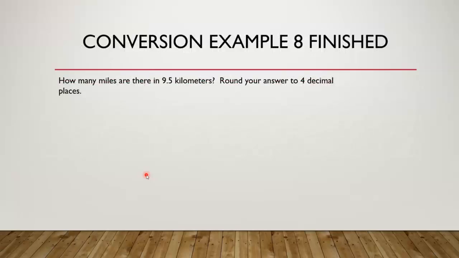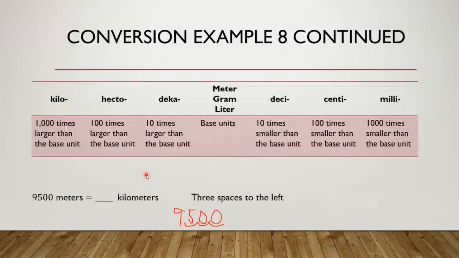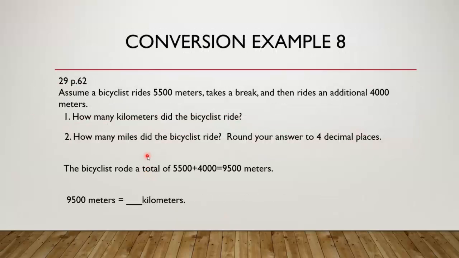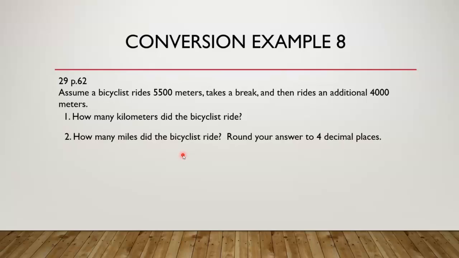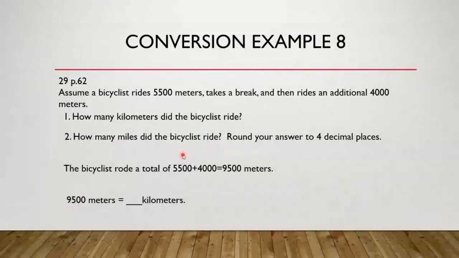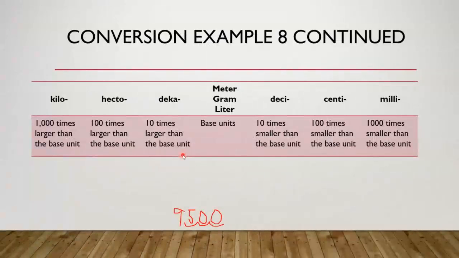Okay. So now we want to know, remember, if you go to the rest of it, how many miles did the bicyclist ride? Okay, well, we know he rode 9.5 kilometers. We just calculated that. Now we want to figure out how many miles he rode.